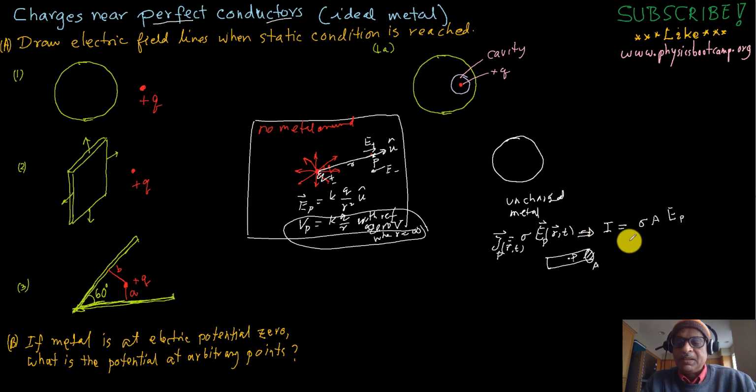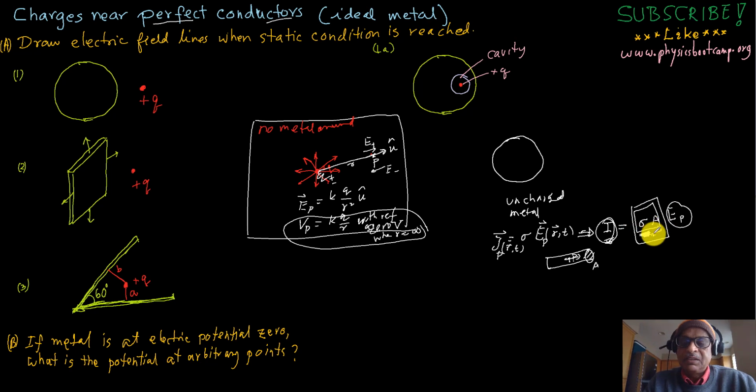So if there's a current going around, then there will be an electric field, and sigma is some finite number, right? For the ideal case, we say sigma is infinite.